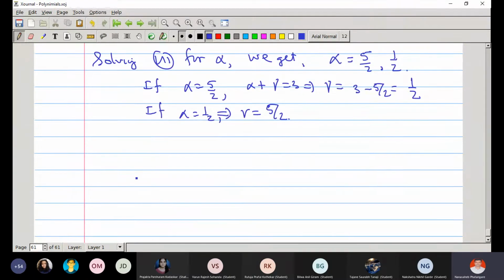So the roots are 1 by 2, beta is 3 by 2, and gamma is 5 by 2. Or if you call alpha as 5 by 2, then gamma is 1 by 2. Same thing. These are the roots.